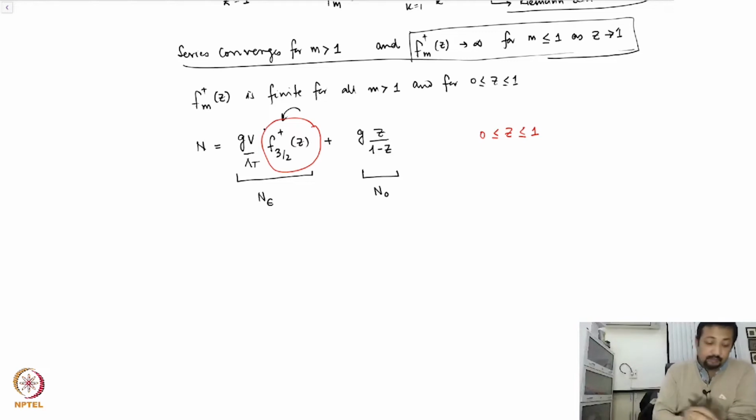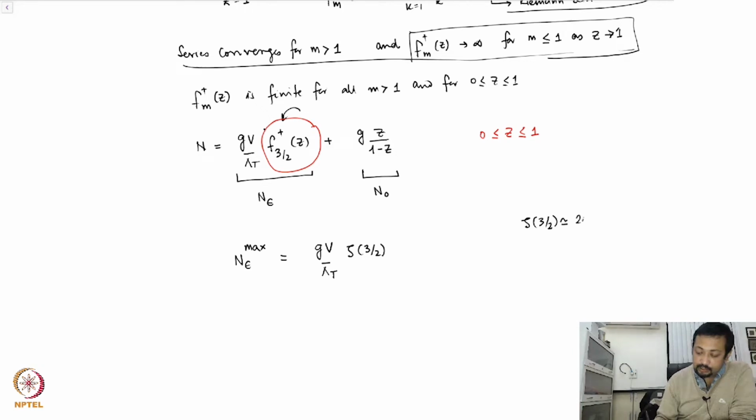So clearly when z approaches 1, the first term we will write down as N_epsilon maximum. There is a maximum number of particles which you can accommodate in these excited states, and that number is given by gV over lambda_T zeta(3/2), where zeta(3/2) is approximately 2.612.